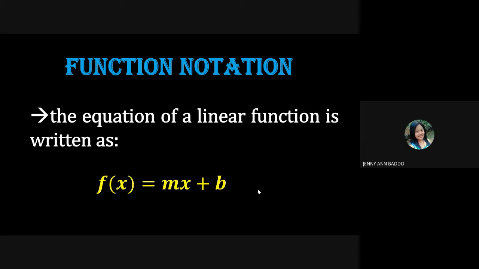It is only this one. Y is changed to f of x. This is read as f of x or f at x, the function of x. So that is the y. I repeat, y is the same as f of x.